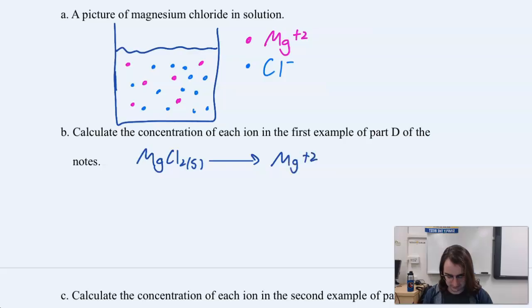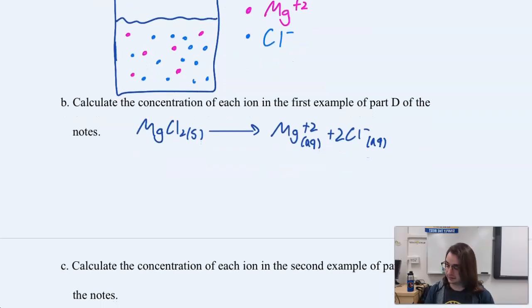Now it sounds kind of tricky, but it's actually not as tricky as you think, and I think that we're going to be able to handle it pretty well. So we have MgCl2 gives us Mg+2 and Cl-. We already know from our previous work that MgCl2 has a concentration of 107 molar. So can we calculate the concentration of the other 2 ions?